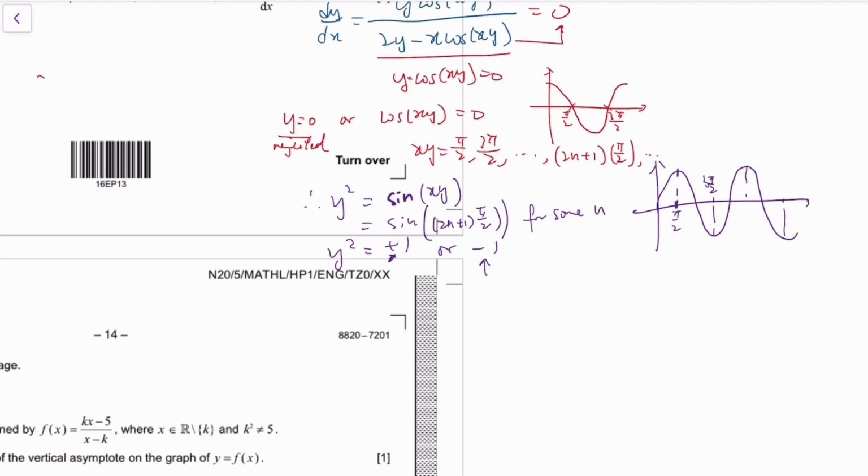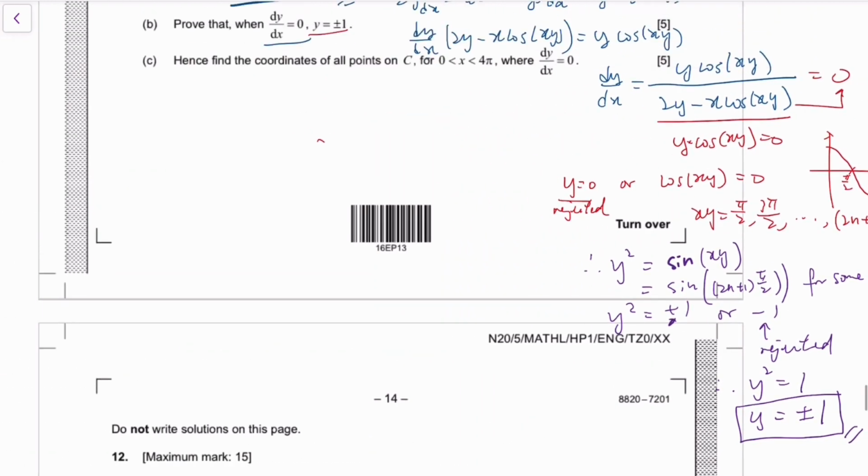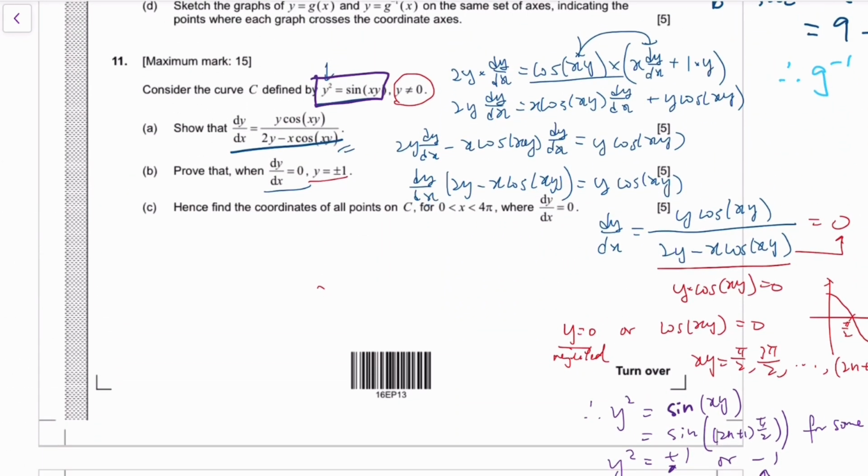Obviously minus 1 is rejected because a square cannot be negative. So y squared has to be 1, but if y squared has to be 1, then y is plus or minus 1. Okay. This is also tricky. I'm really taking it back. This is not an easy paper at all, considering section B.